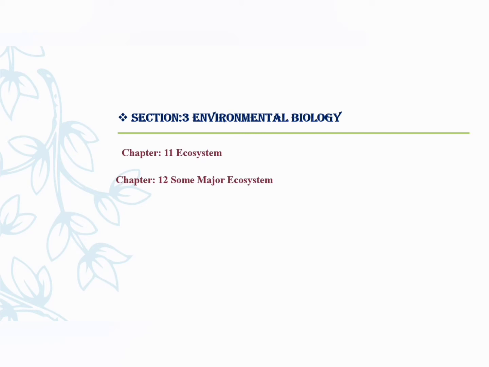In aquatic ecosystem you will learn about pond ecosystem, marine ecosystem, while in terrestrial ecosystem you will learn about desert ecosystem, forest ecosystem, grassland ecosystem, etc.